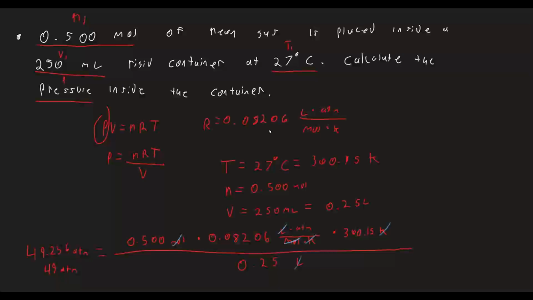Because this 0 is not significant and initially we only have 2 sig figs, we can't go from 2 sig figs to 3 sig figs. So it's 0.25 when we convert. Make sense?